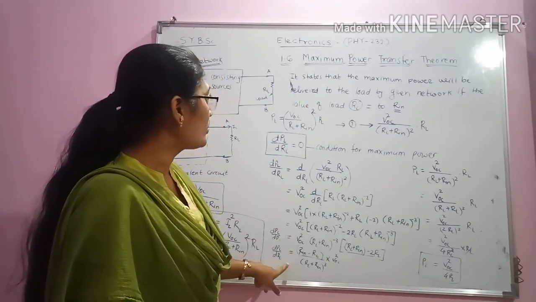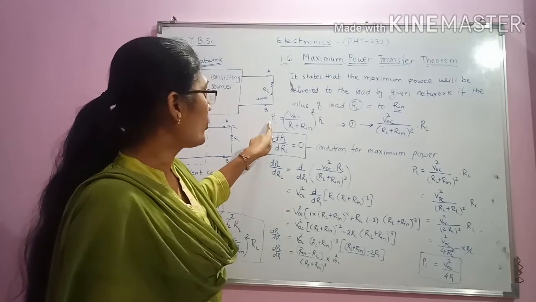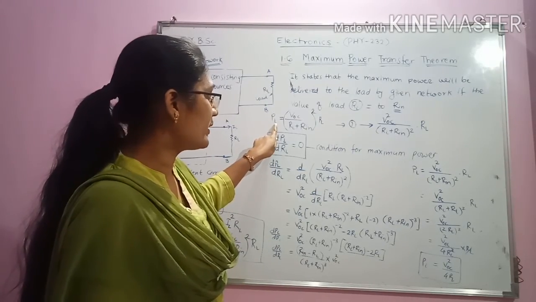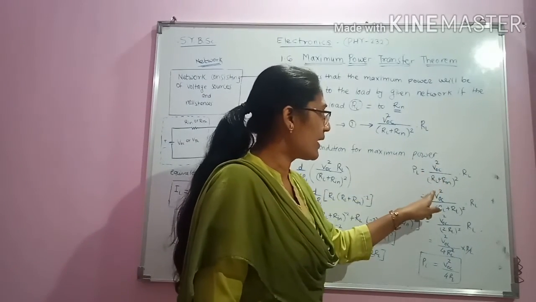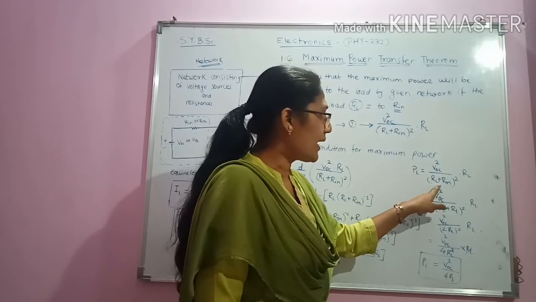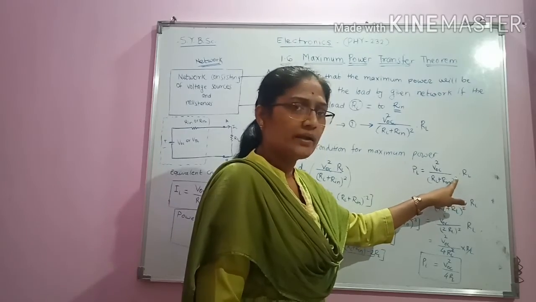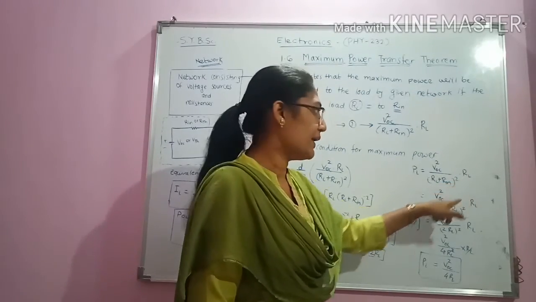Now in order to get maximum power, we have written one formula here, that is P_L is equal to V_OC square divided by (R_L plus R_in) raised to 2 into R_L.